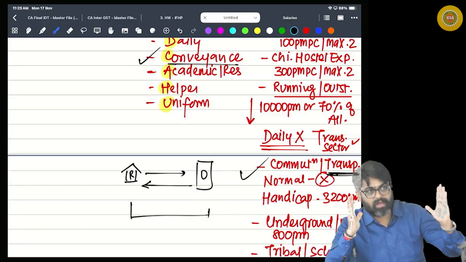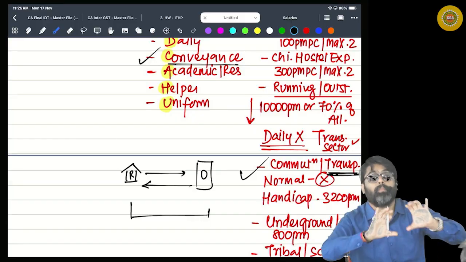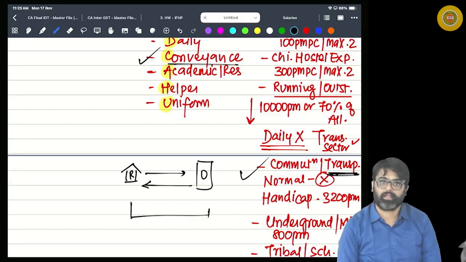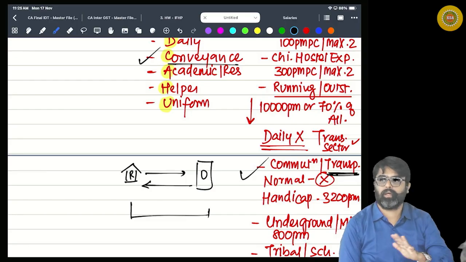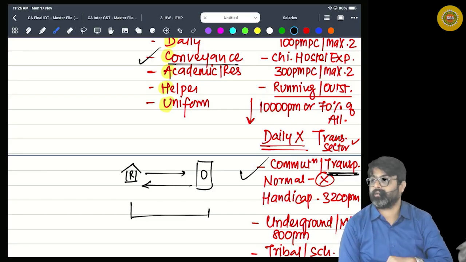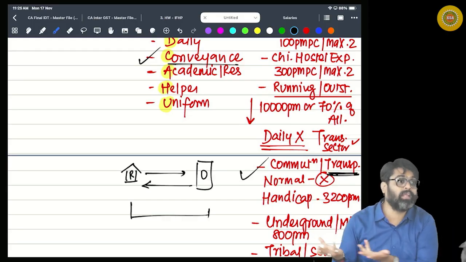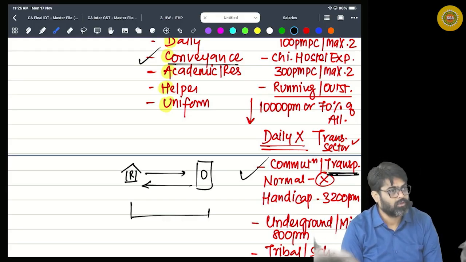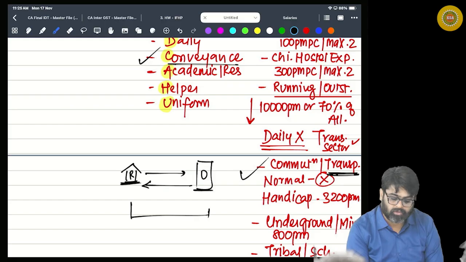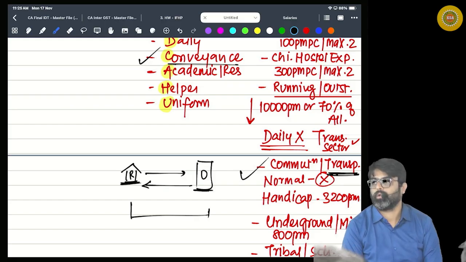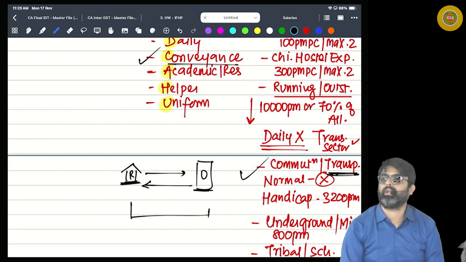To do this traveling, many modes of transportation are there. Metro is there, buses are there, local trains are also there. So you might be using any of these transportation modes for traveling between residence to office and office to residence. So will you incur any cost for this traveling?